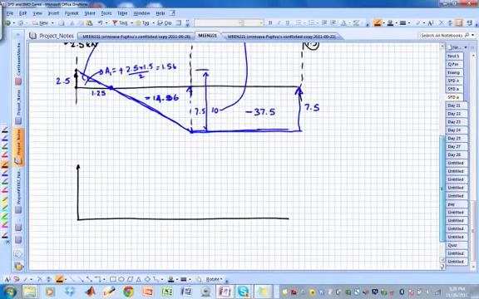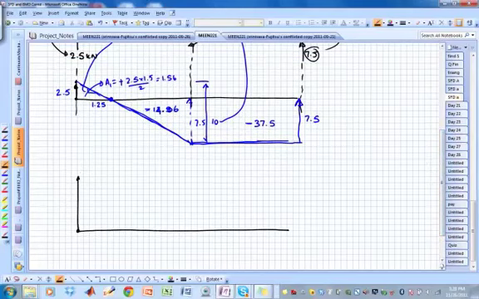So I'm going to start out here at 0. And you notice, first thing is, again, it's a parabola. This whole thing is one giant parabola. You can see that, right? Initial slope is 2.5. Final slope is minus 7.5.